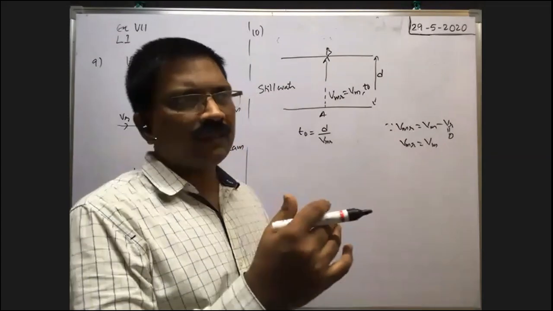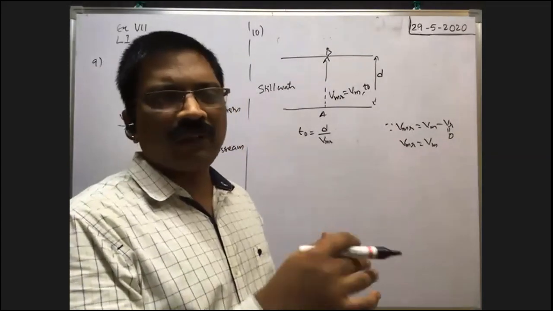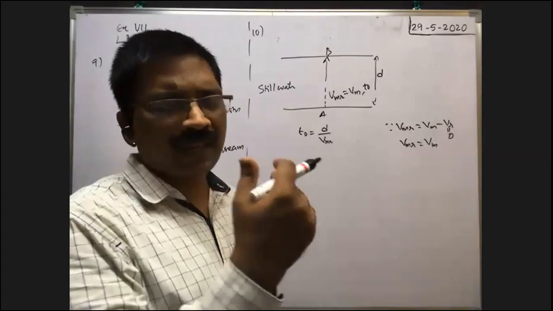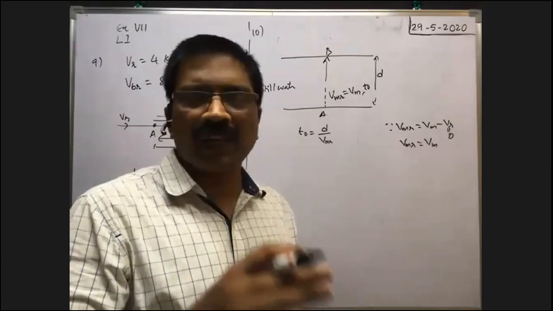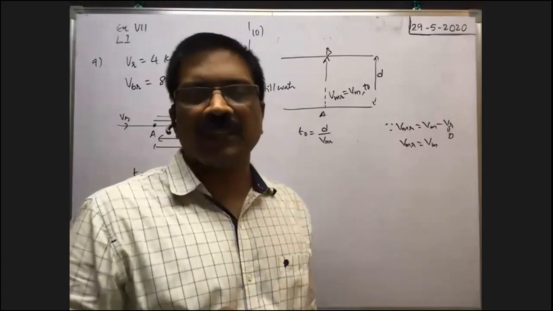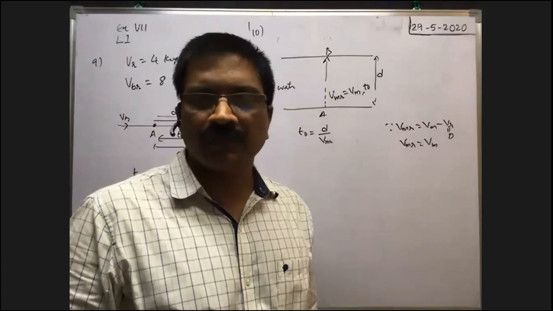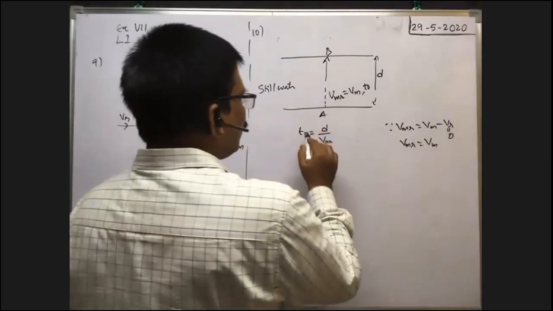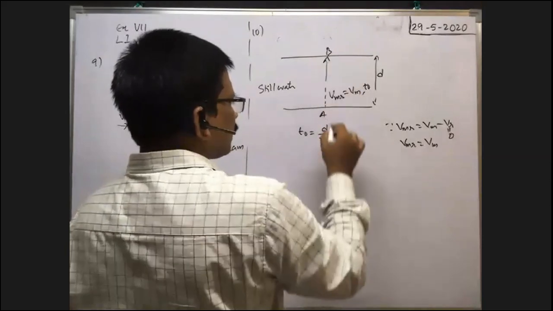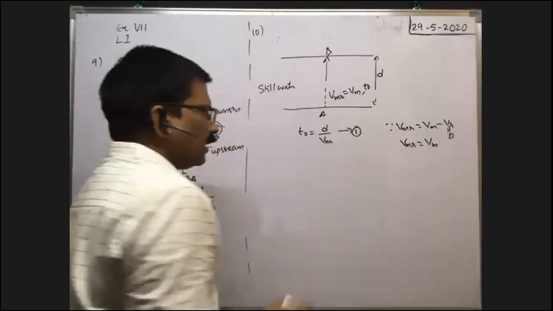While traveling along the shortest path, the velocity of the man is different. While crossing the river in the shortest time, the velocity of the man is different. But velocity of the man with respect to river does not change with time. So T0 is equal to d by velocity of the man with respect to river. It is equation 1.